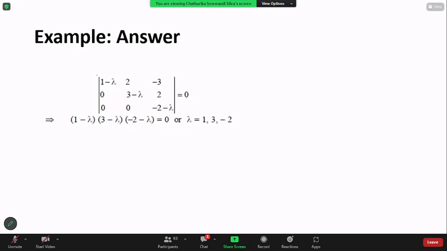Any different answers to this? One answer as a chat message: 1, 27, minus 8. Any other answers?